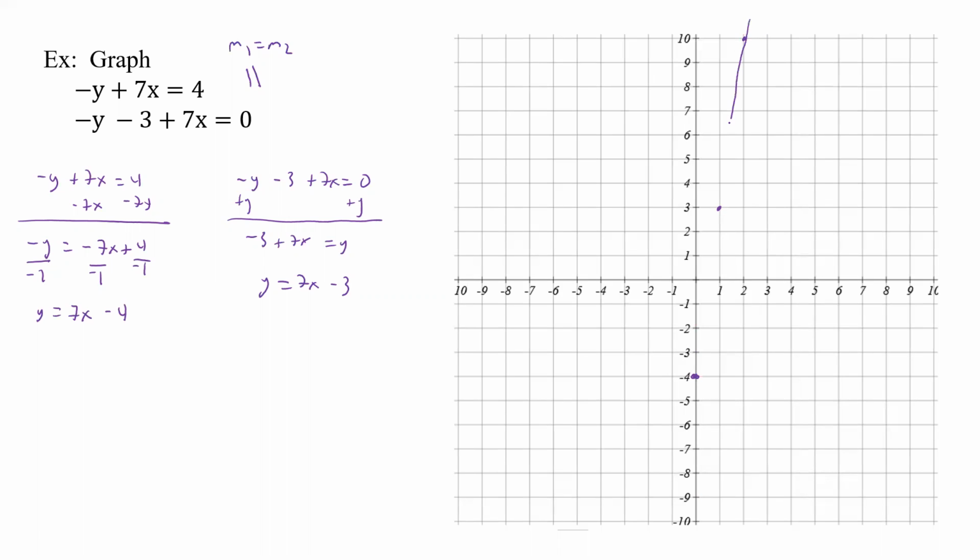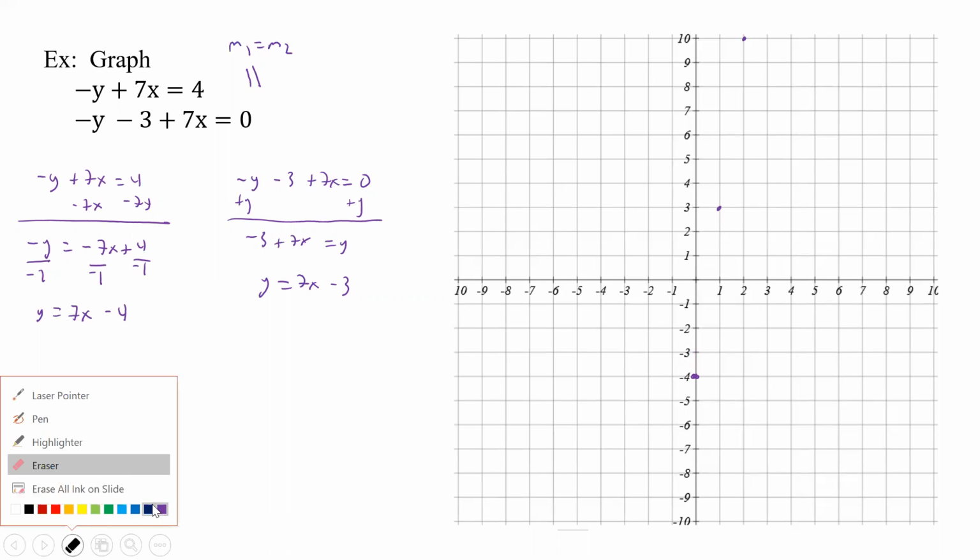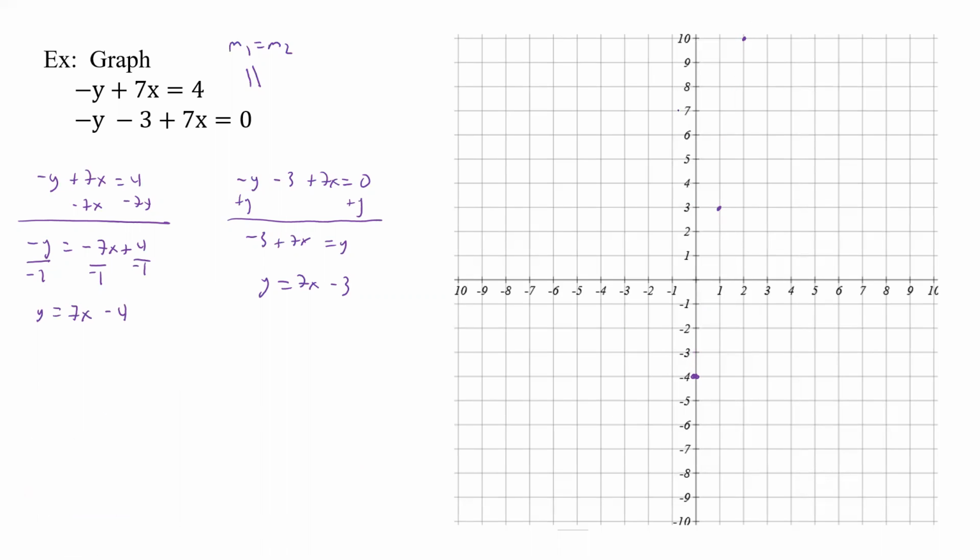So that looks, well, that doesn't look very good. That's what it looks like. Still not good, but it's better.